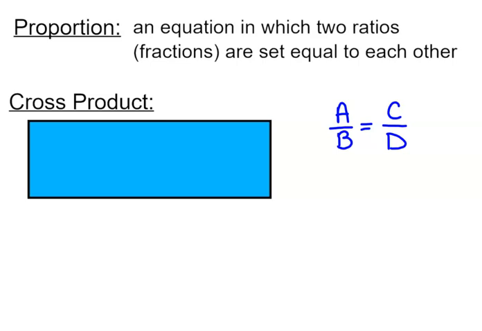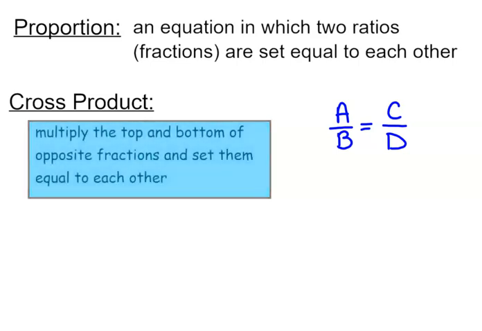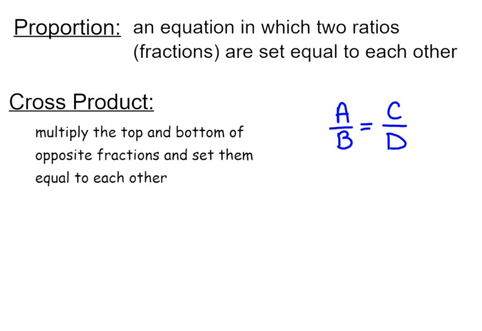In order to solve a proportion, we use what is known as the cross product. That means we multiply the top and bottom of opposite fractions and set them equal. So if I do that with the proportion that I wrote, I would have A times D, and that's going to equal, going the other way, B times C. Notice they're still equal in the middle.